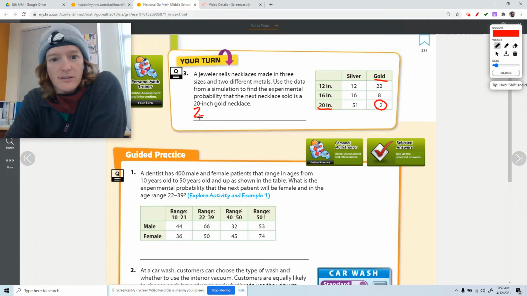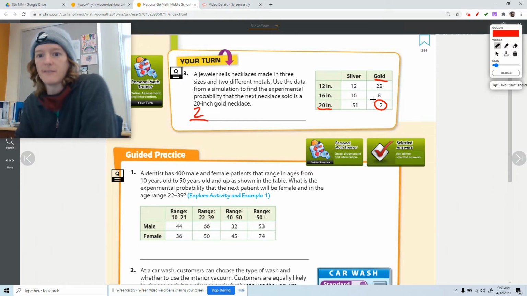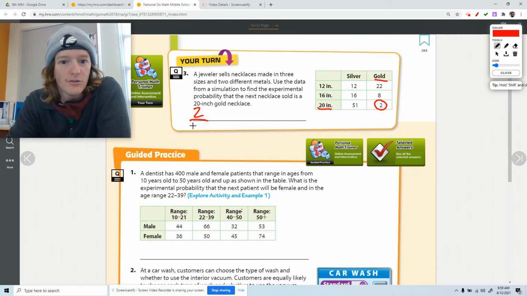So our probability is 2 out of 12, 16, 51, 22, 8, and 2. So the total amount that we have, I got a weird number, so I want to just make sure I was right. I got 111. 12 plus 22 plus 16 plus 8 plus 51 plus 2. 111. So 2 out of 111.